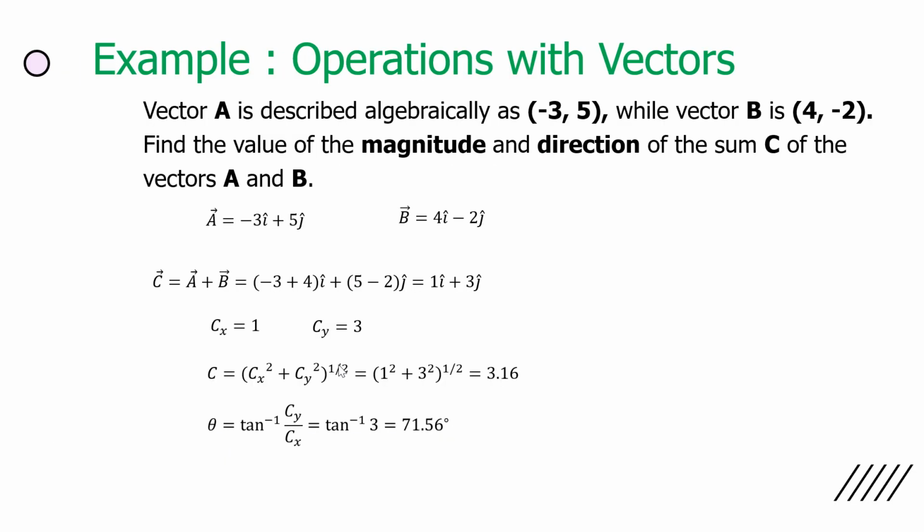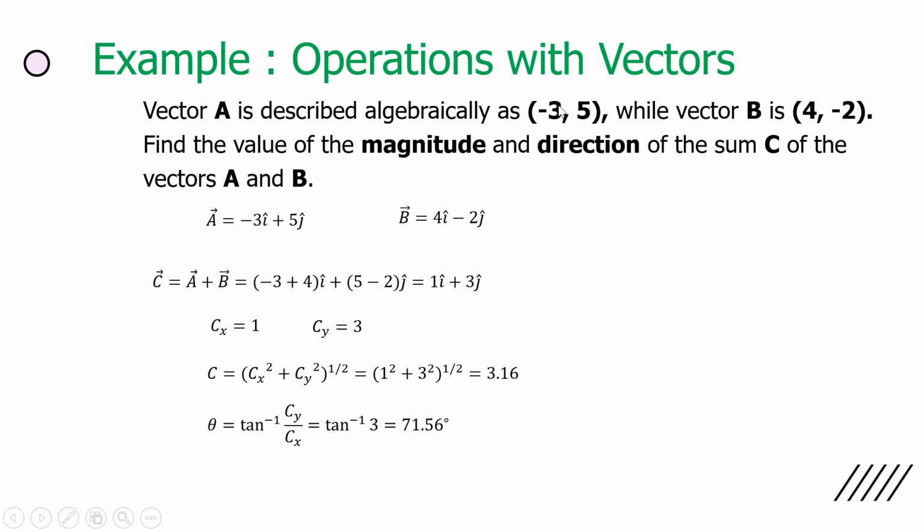Now here's an example. Vector A is described algebraically as this ordered pair, while vector B is this one. Find the value of the magnitude and direction of the sum C of the vectors A and B. So vector A can be written as negative 3 i hat plus 5 j hat.